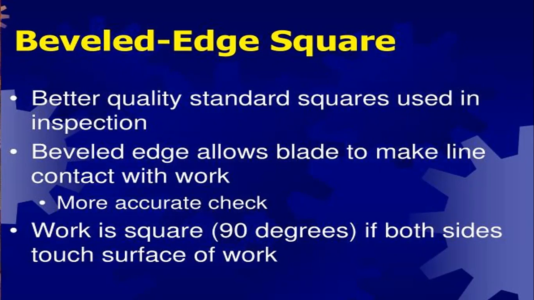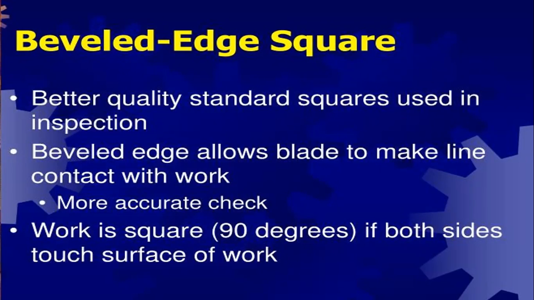And next it is used for more accurate checks. And the work is square, that is 90 degrees, if both sides of the square touch the surface of the work.